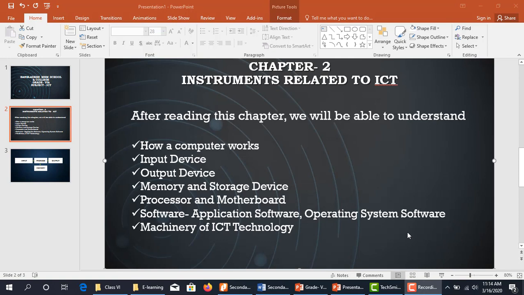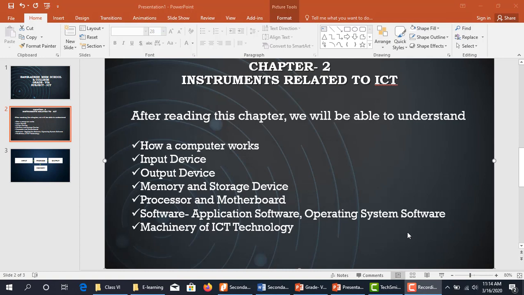So you will see some topics here. First, how a computer works: input device, output device, memory and storage device, processor and motherboard. I think all of you have done how a computer works one by one. I have already made you understand how a computer works, and you have to know about some input devices.